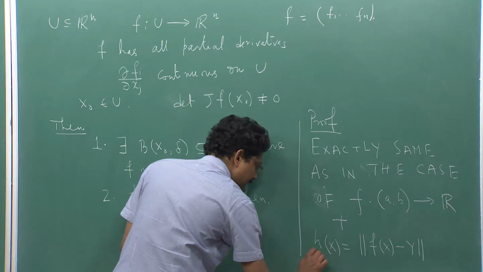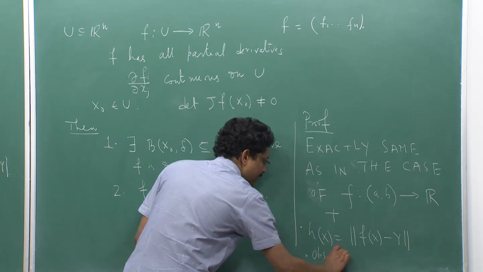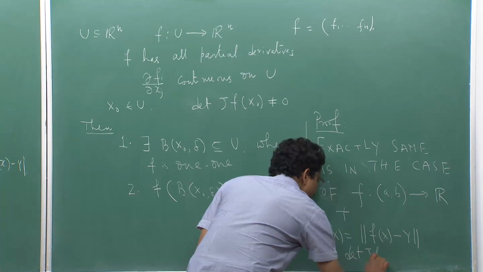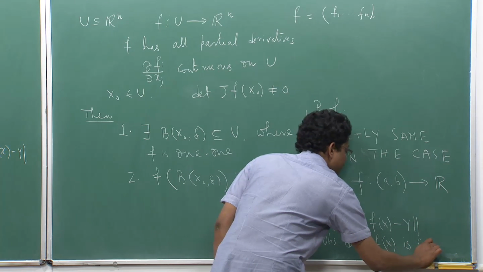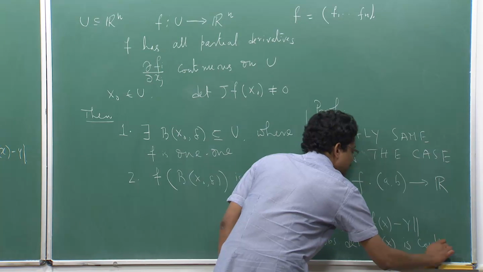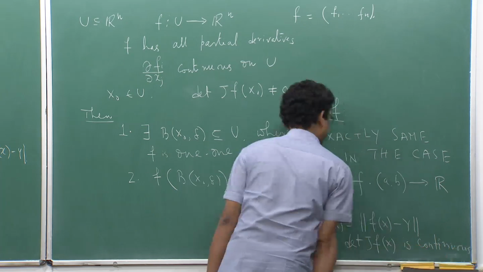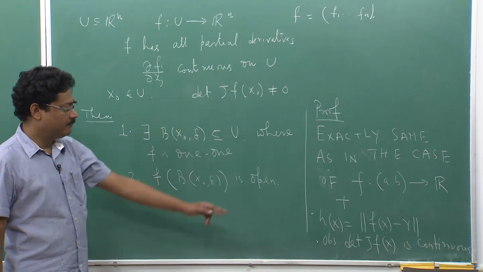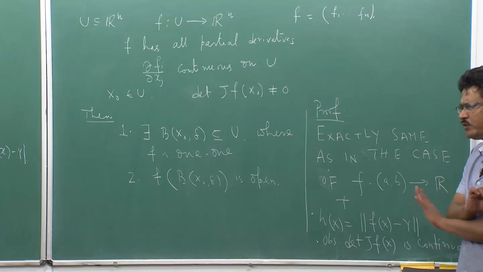Another observation is that this determinant J f x is continuous. If I give this condition that the del xj are continuous, the determinant is also a continuous function, and the proof follows exactly the same pattern.